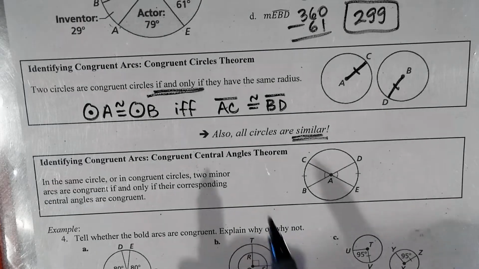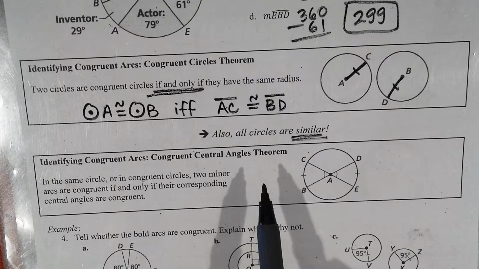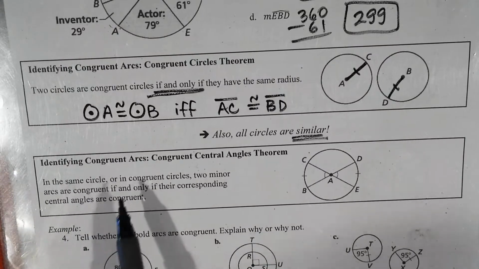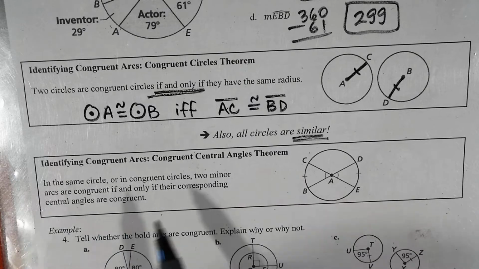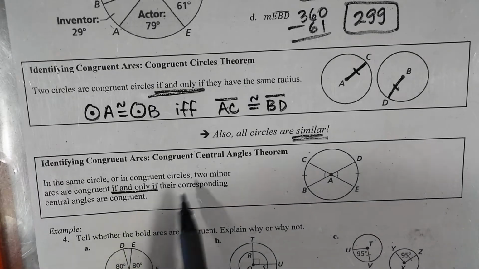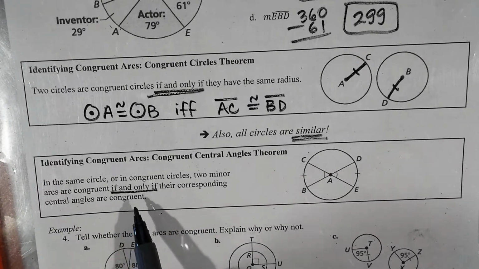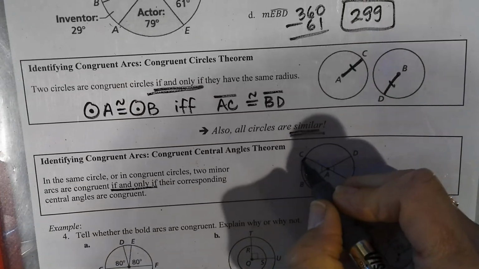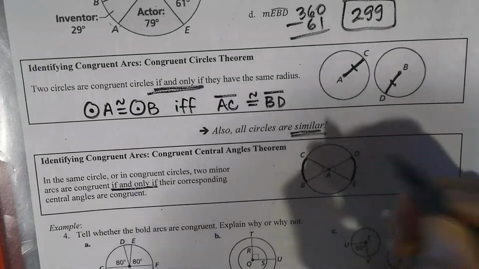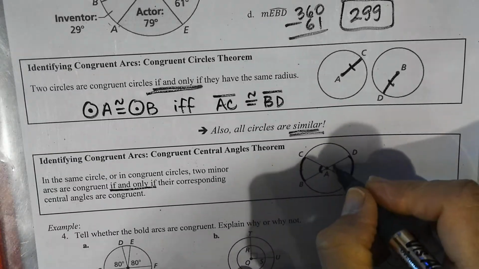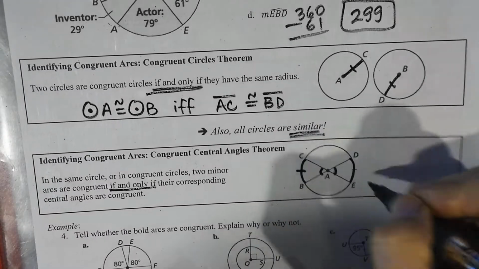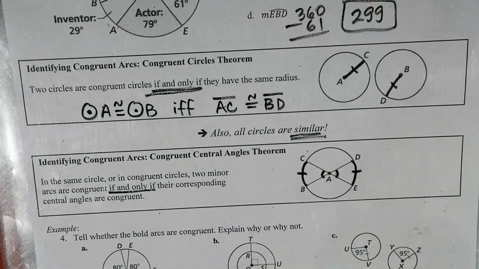So we have this little theorem that says in the same circle or in congruent circles, two minor arcs are congruent if and only if their corresponding central angles are congruent. Since we define this and this by our central angles, if we know these two are congruent, then the arcs are congruent, right?